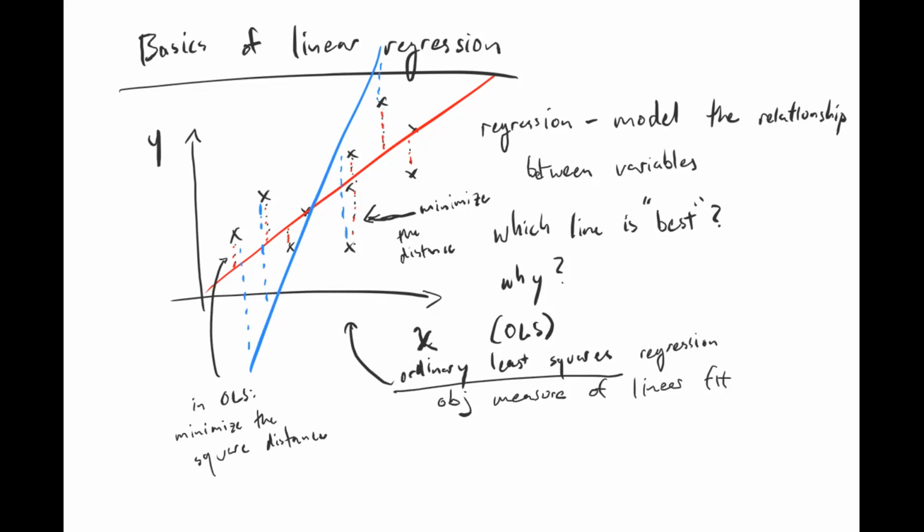Okay, and so why is it that we minimize the squared distance as opposed to just the regular distance? It actually has to do with the fact that in some cases you're going to have a positive difference, and in some cases you're going to have a negative distance.